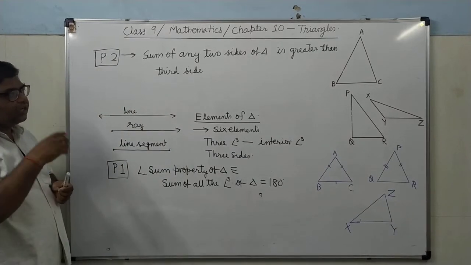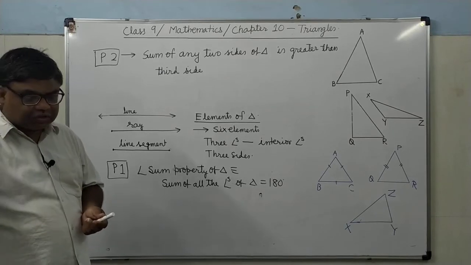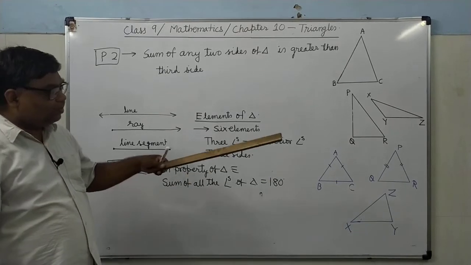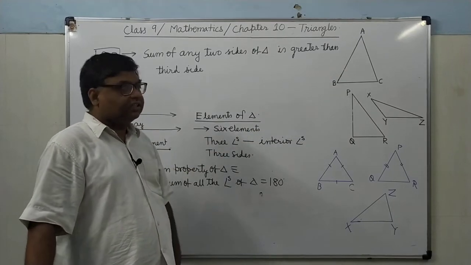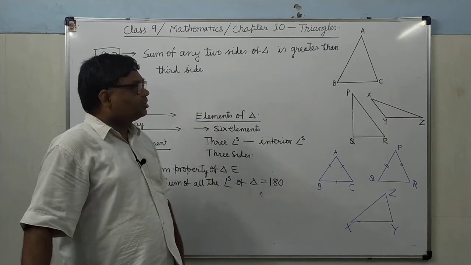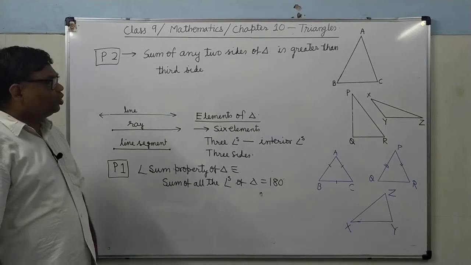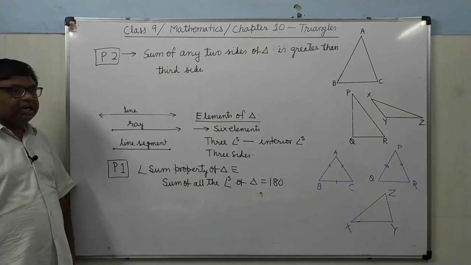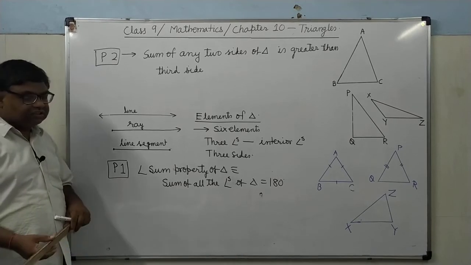You take any two sides. I have drawn a number of triangles. If you see here, in triangle ABC, AB plus BC will be greater than AC. AC plus BC will be greater than AB. It's clear? And AB plus AC will be greater than BC. So you take any two sides, their sum will be greater than the third side. This is the second property.